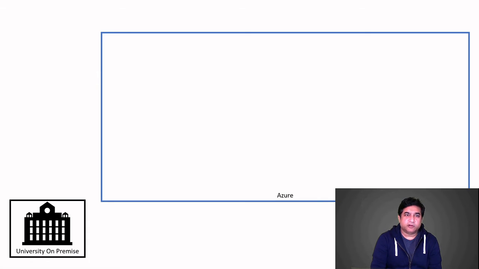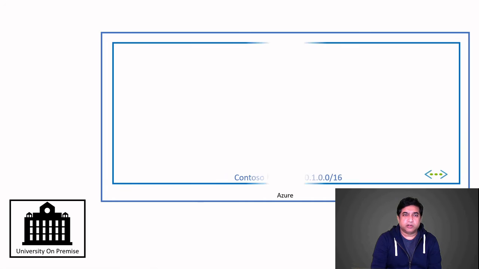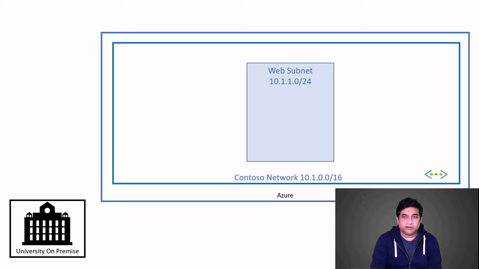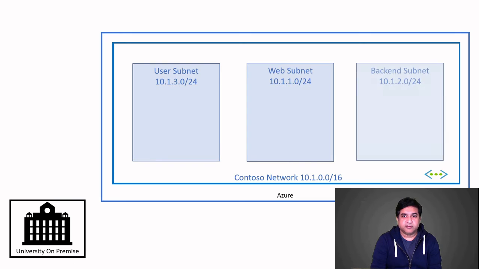Create a virtual network so that the external world does not have any access to the components inside the network. Then we create the subnets: web subnet, user subnet, and database subnet. We create the user subnet and a VM inside it. The user VM is just for testing purposes.